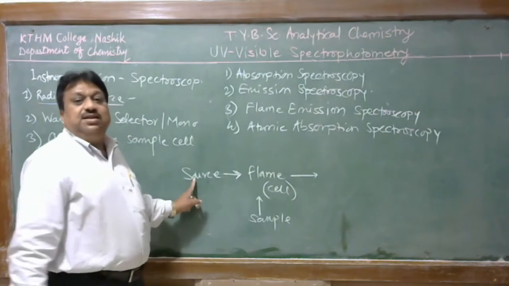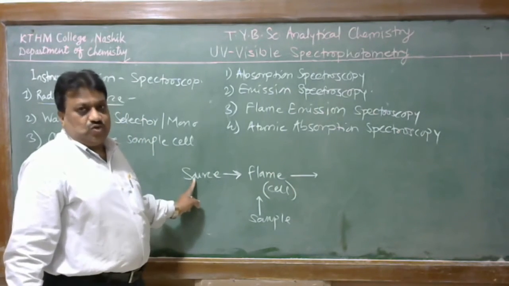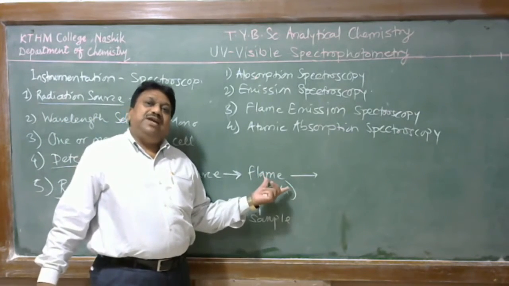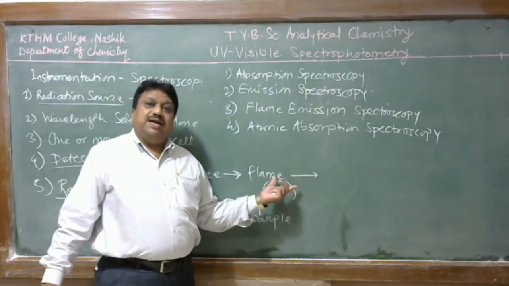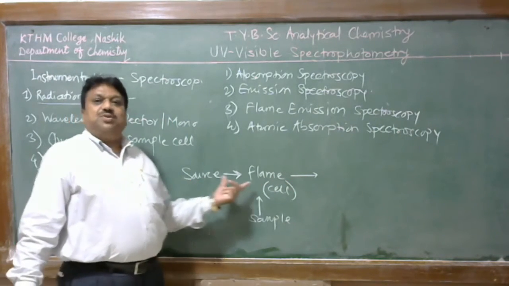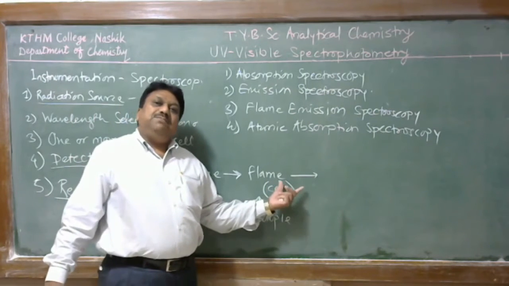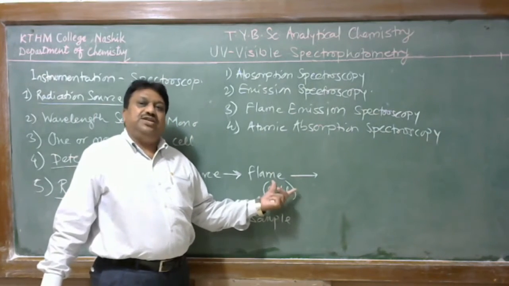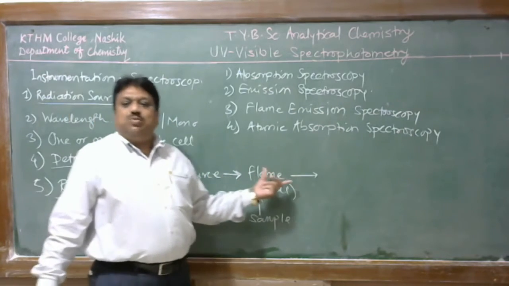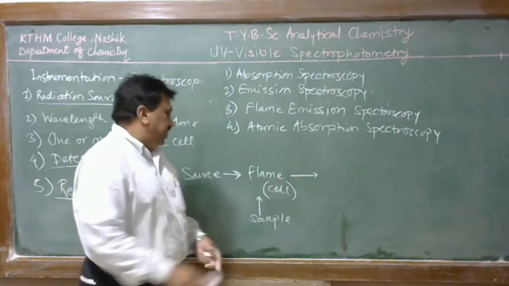That is measured in atomic absorption spectroscopy. In molecular absorption spectroscopy, the radiant power absorbed by the molecular species is measured. In atomic absorption spectroscopy, the radiant power absorbed by atomic species is measured. Therefore, in both instruments, the decrease in radiant power is measured.